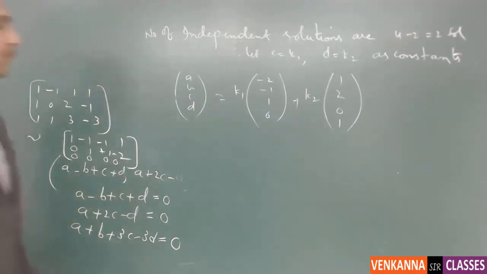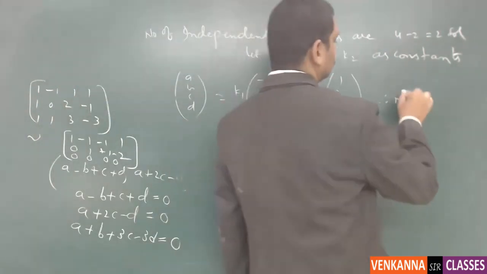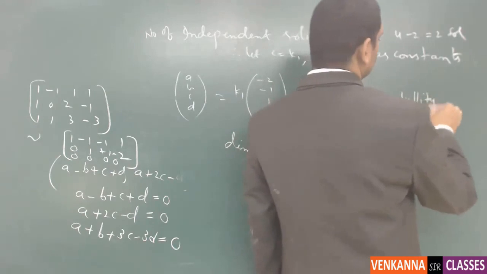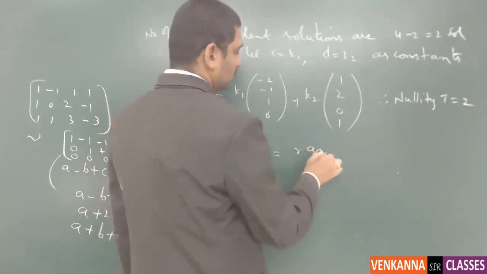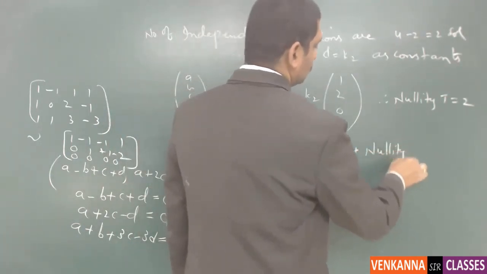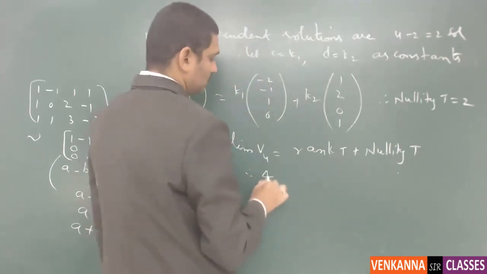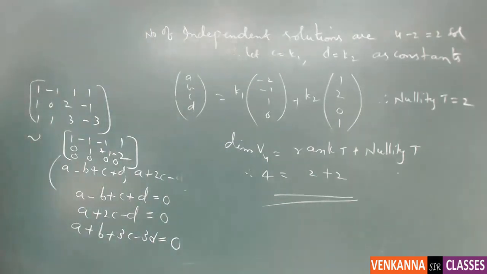Therefore, if you observe, as you got earlier, the rank of the transformation T and the nullity of the transformation T, and the dimension of the domain is 4.